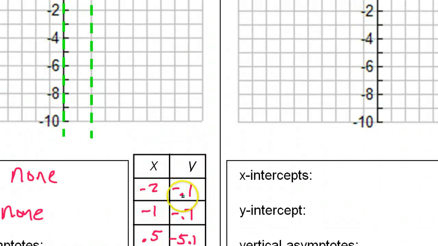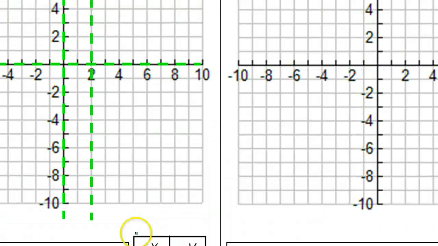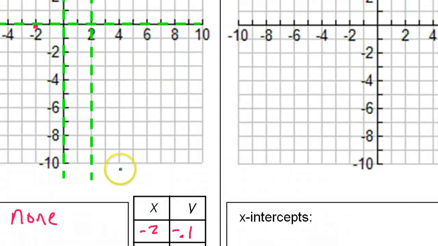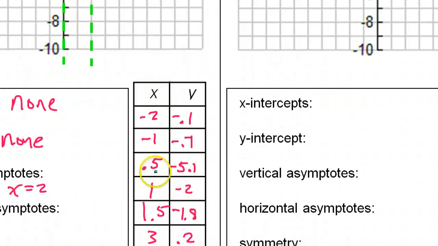So -2 is -0.1. So that's just barely below the line. -1 is -0.7. Okay, that's almost 1 down. 0.5 is -5.1.